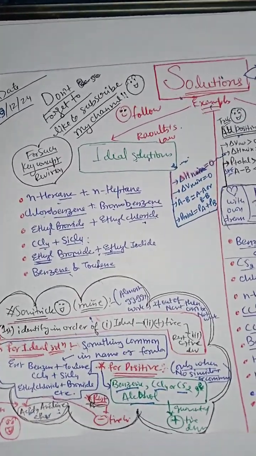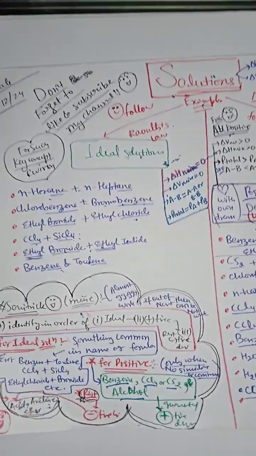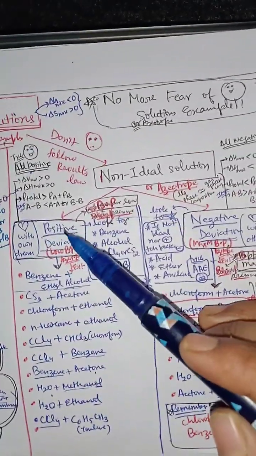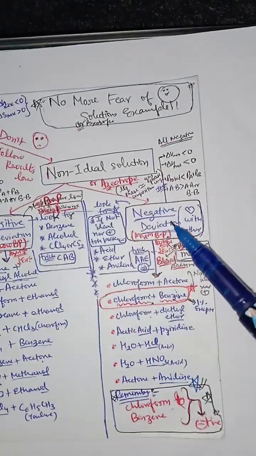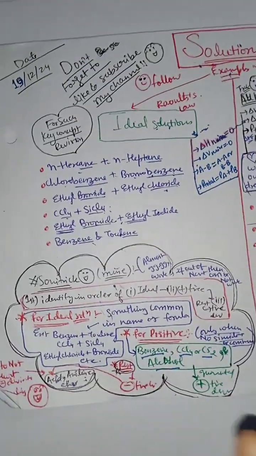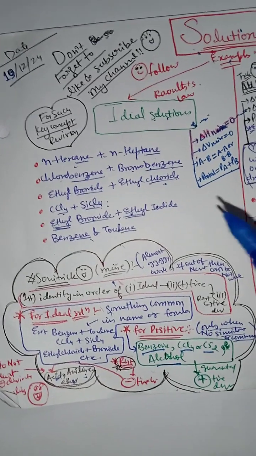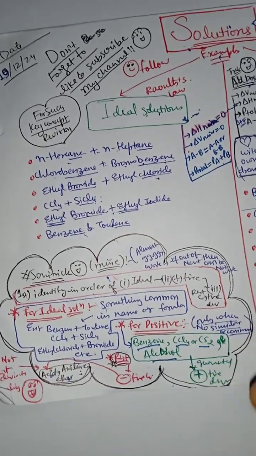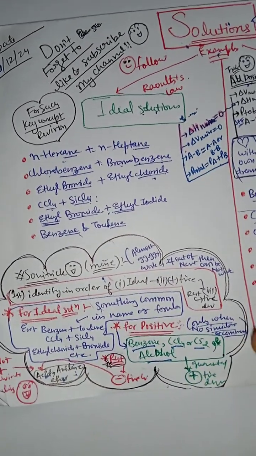But in non-ideal solutions there are two varieties: first is the positive deviation non-ideal solution, and second is the negative deviation non-ideal solution. Now to know which example is given to us in the question, first of all look for the positive deviation non-ideal solution example.